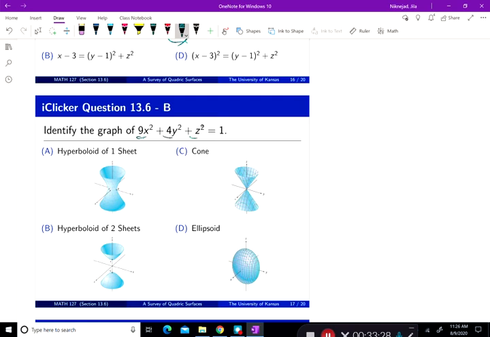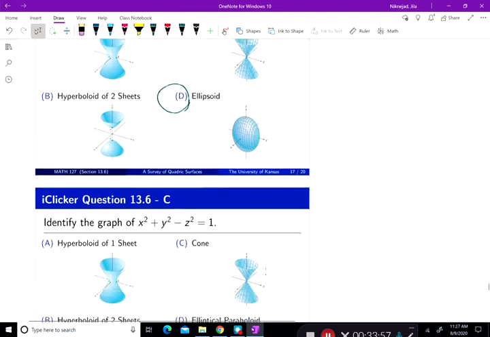I see that all the terms with the variables are on one side and they have the same sign, and the other side is a positive value, therefore this is an ellipsoid. And if you set any of them equal to a constant for certain values, you will get ellipses basically.